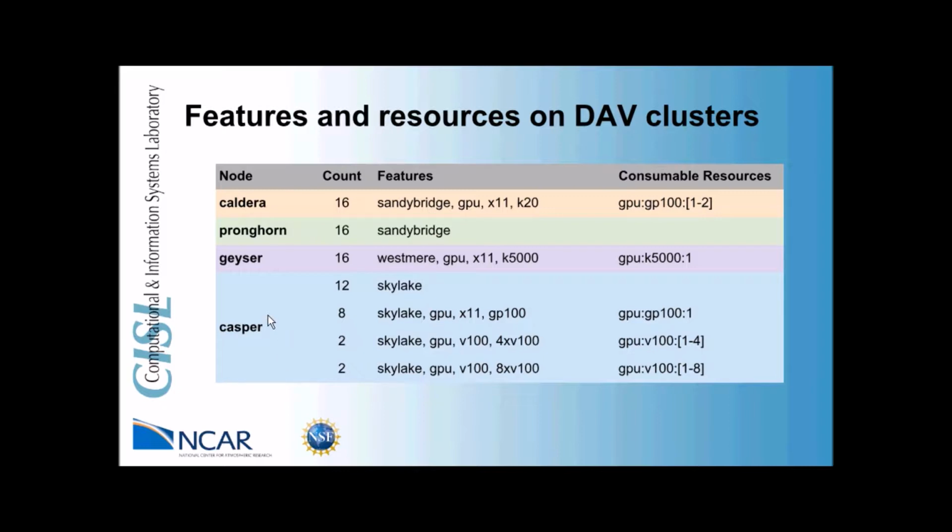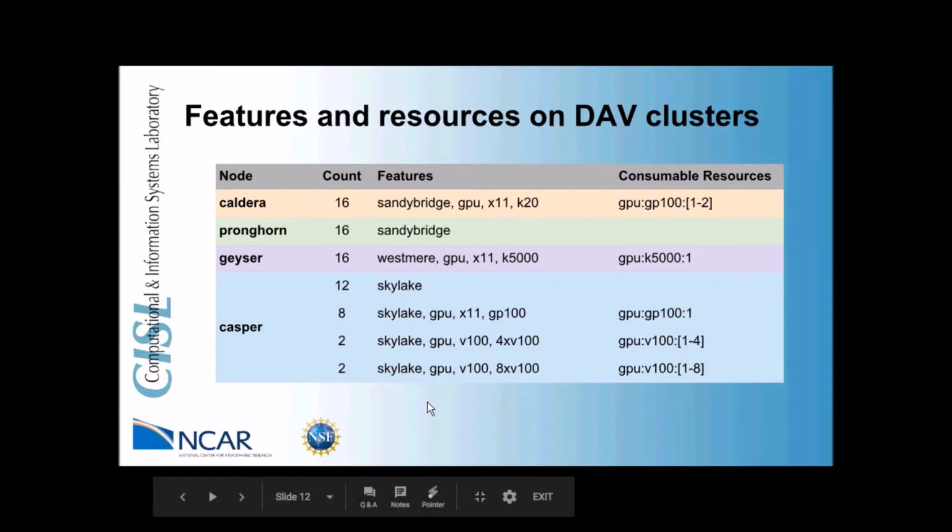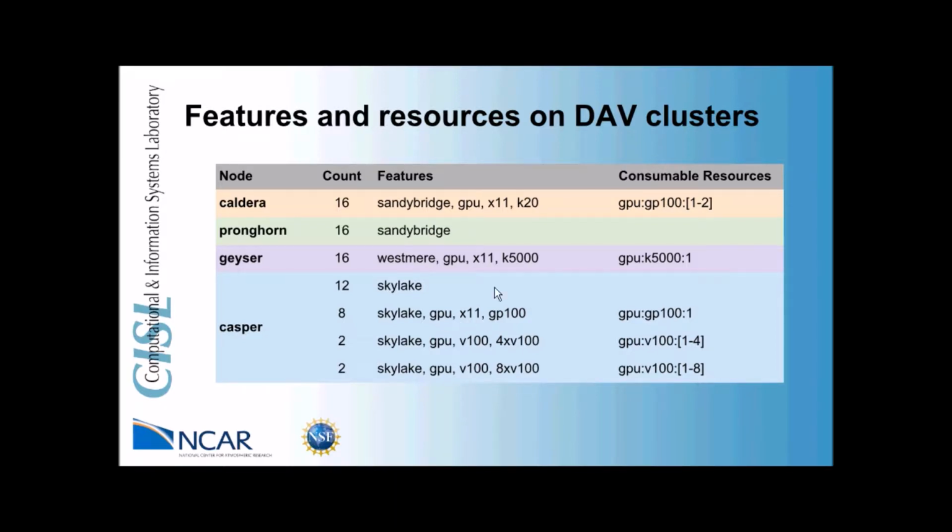So if I want to constrain to Casper, I can still do that. It's just I'm not sure which of the 4 flavors of Casper I'm going to end up on. So it's better to specify a hardware feature here. Specifying Skylake and Casper would be the same at the moment.